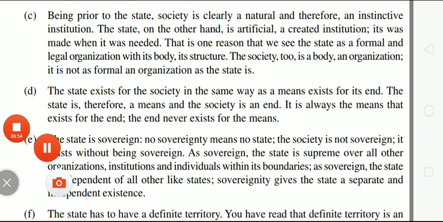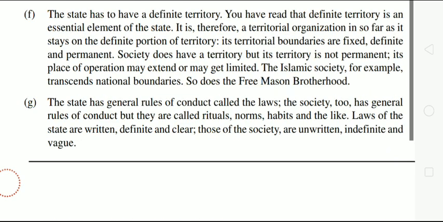F. The state has to have a definite territory. You have read that definite territory is an essential element of the state. It is therefore a territorial organization insofar as it stays on a definite portion of territory. Its territorial boundaries are fixed, definite, and permanent.